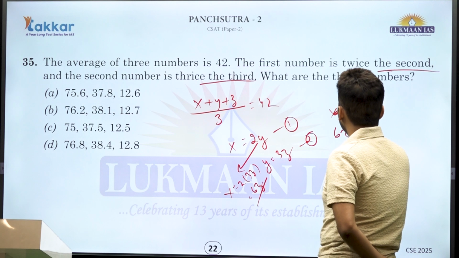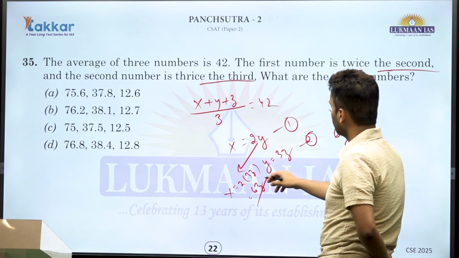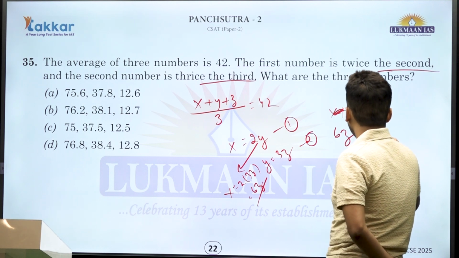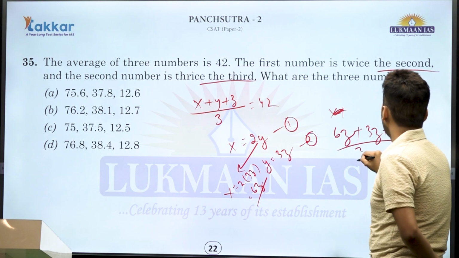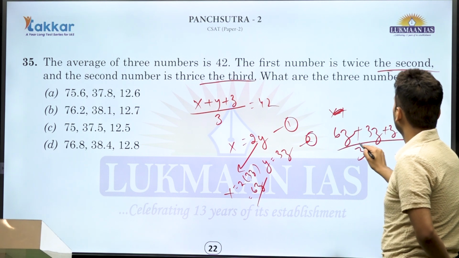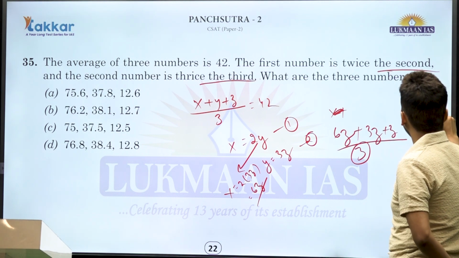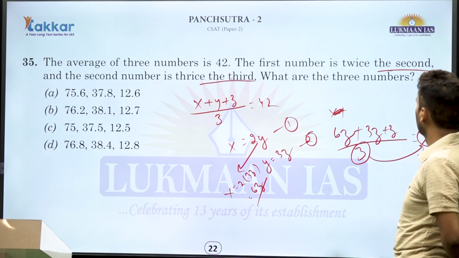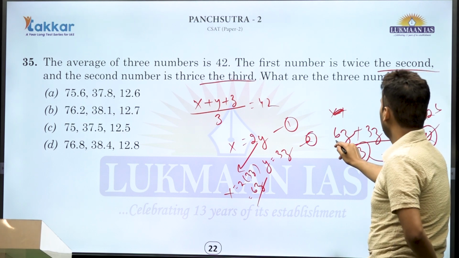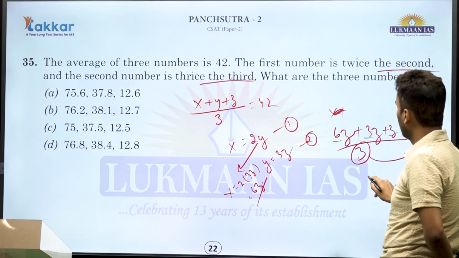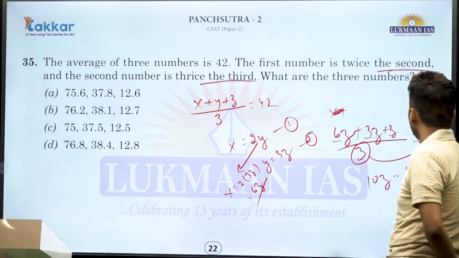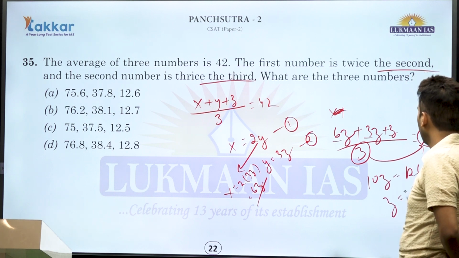So we can write (6z plus 3z plus z) by 3 is the average, so 3 goes to this side, it will be 126. Now easy: 6 plus 3 plus 1, 10z is equal to 126. z will become 12.6.